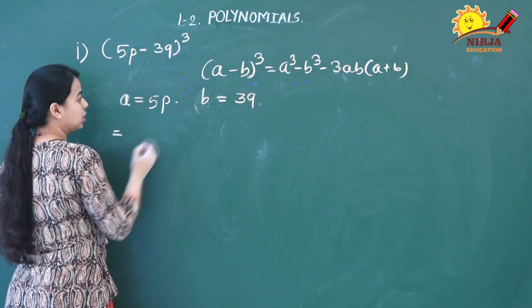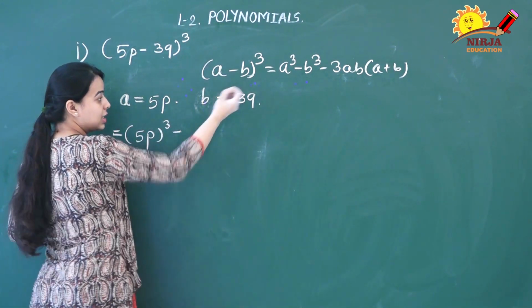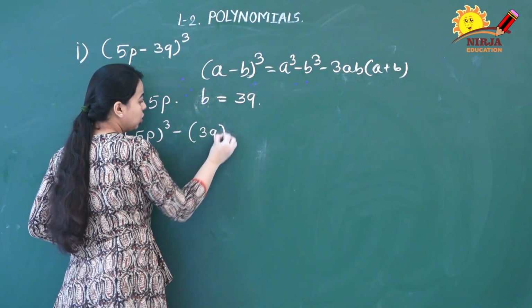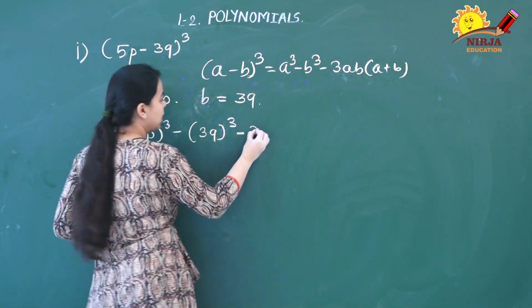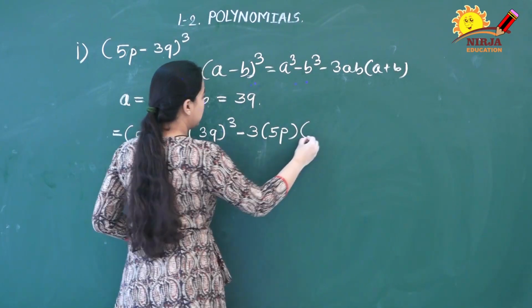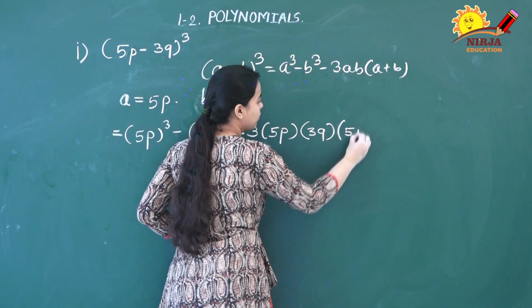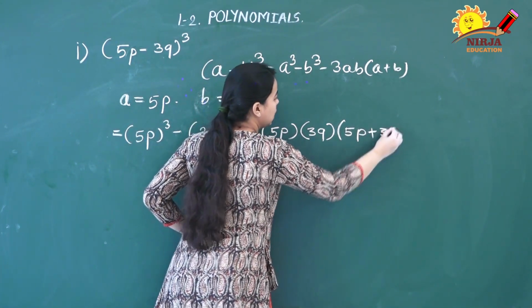Now let's solve it further. a³, that means (5p)³, minus b³, that means (3q)³, minus 3ab, that is 3 multiplied by 5p multiplied by 3q, into (a − b), that means (5p − 3q).